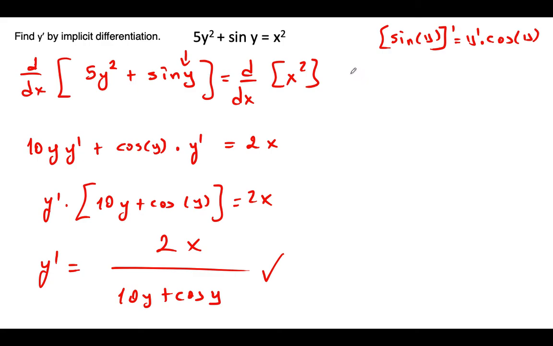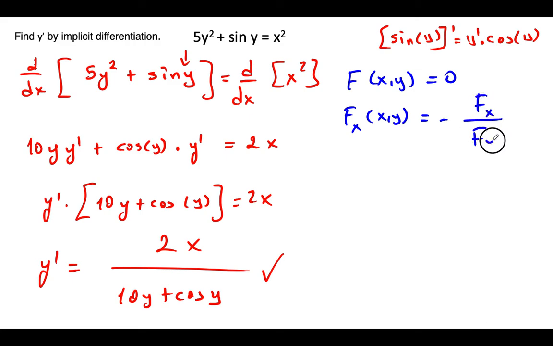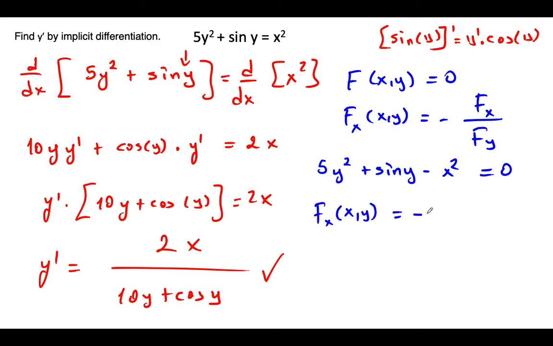I can say that f(x, y) is equal to 0, and then the derivative with respect to x will be minus fx over fy. So if I rewrite my question, 5y squared plus sine of y minus x squared is equal to 0, and then derivative with respect to x will be negative.